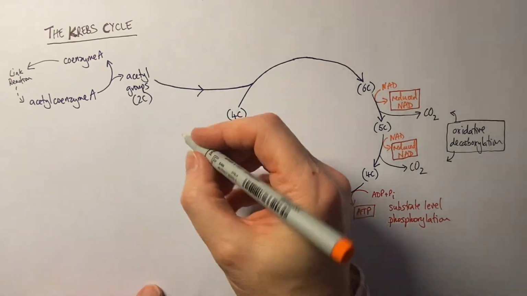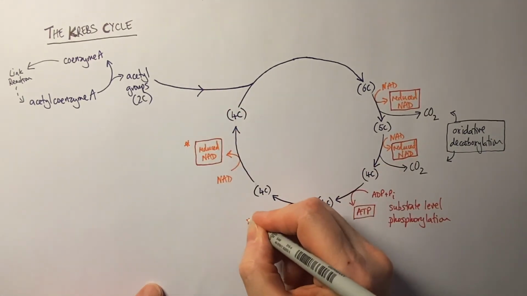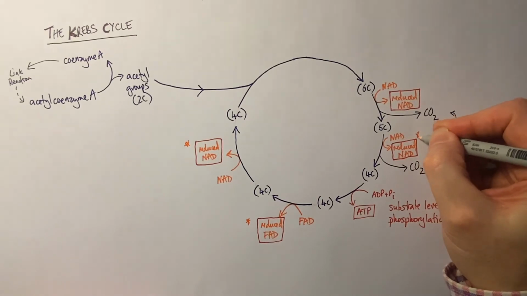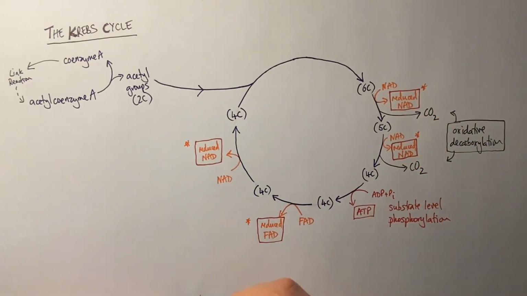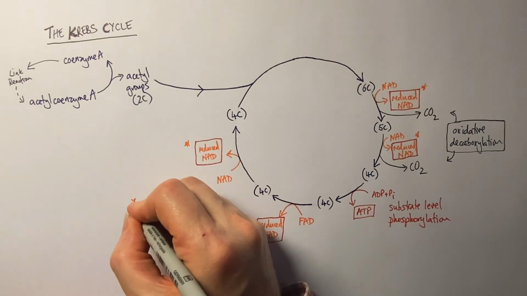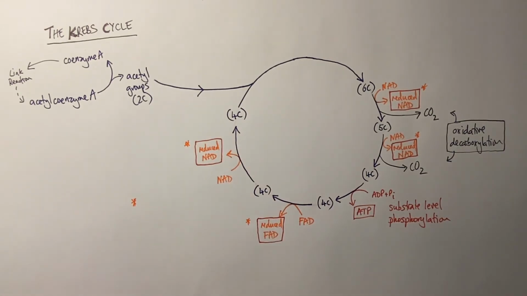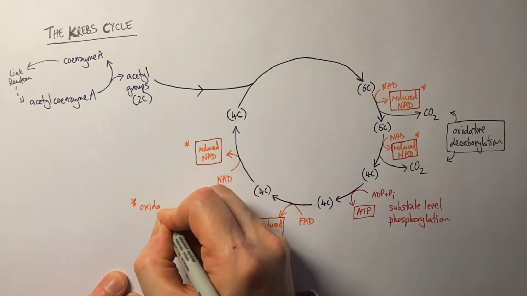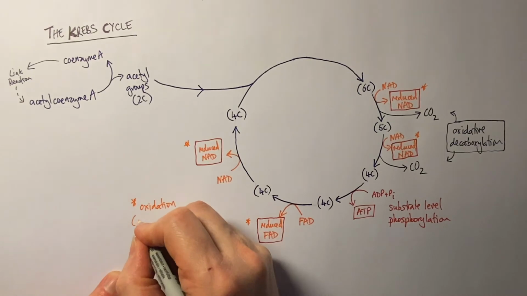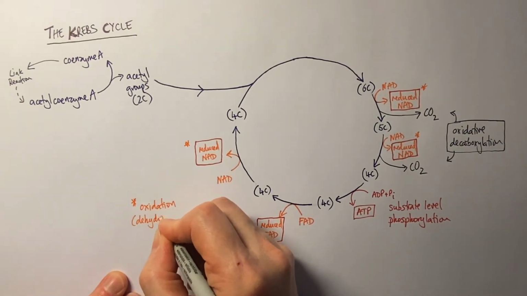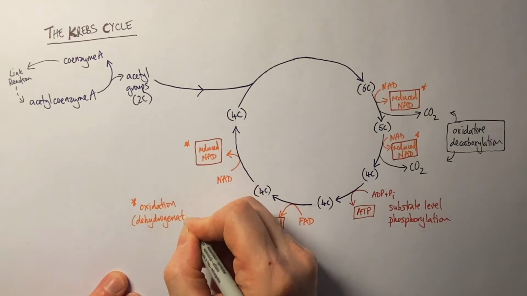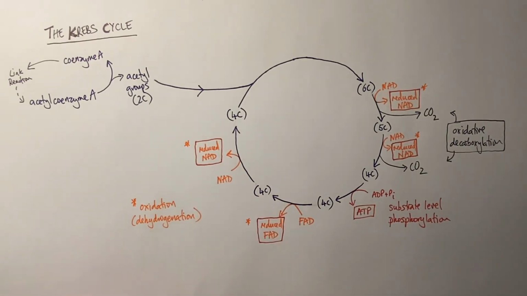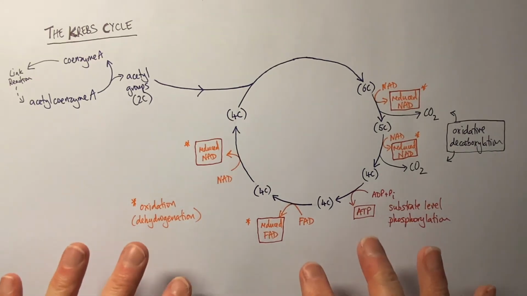So these processes, the removal of hydrogen, and I'll highlight those as well. These processes we say are oxidations. But we can also describe them as dehydrogenation, because oxidation can be defined as the gain of oxygen or the loss of electrons or the loss of hydrogen. But here it's the loss of hydrogen.